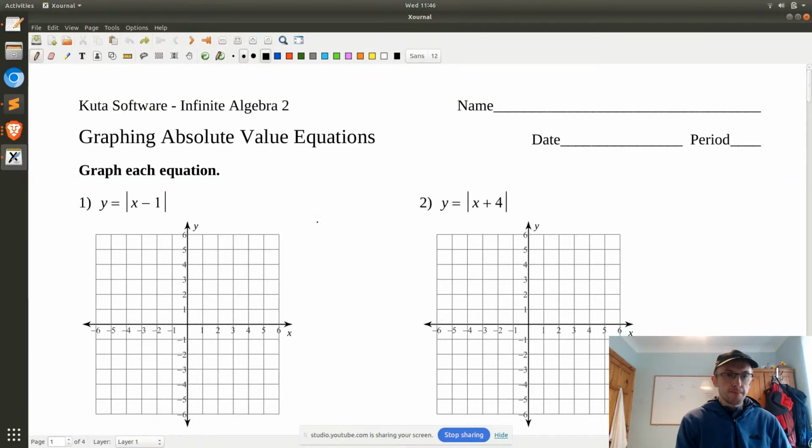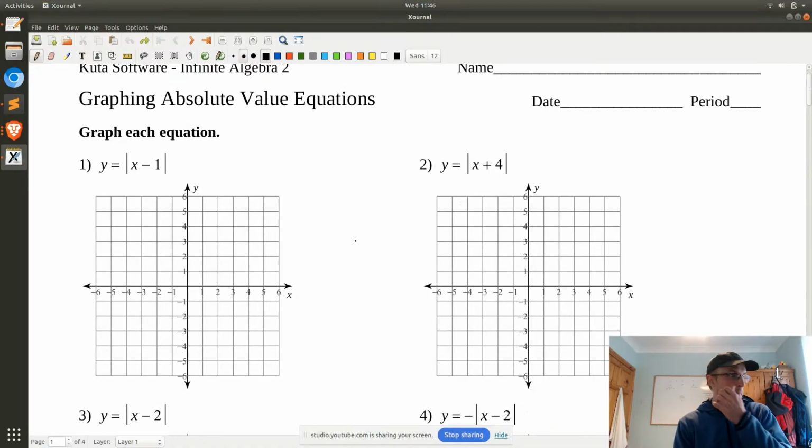Here we go. Y equals the absolute value of x take 1. It's going to be the V shape. But where will be the vertex of the V?